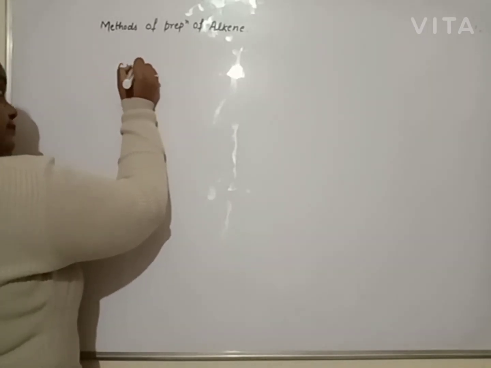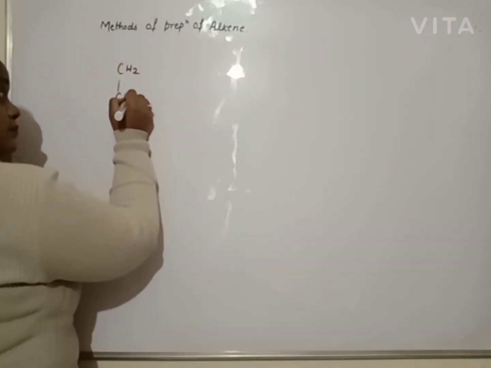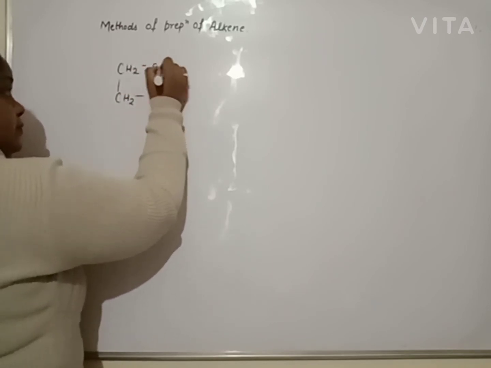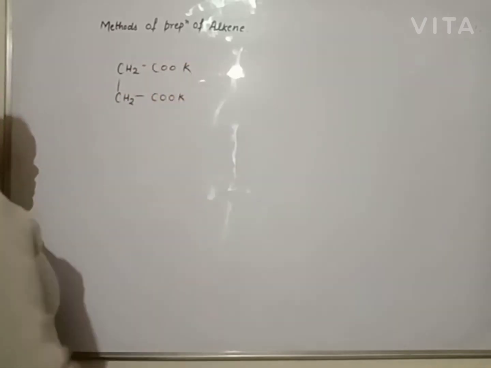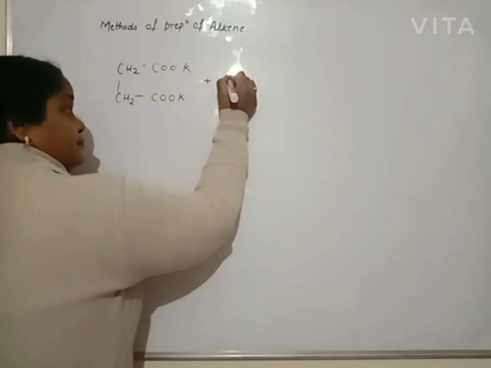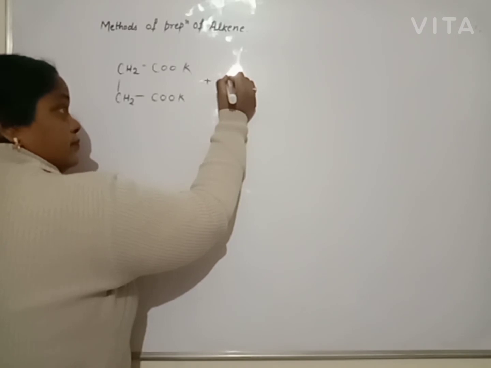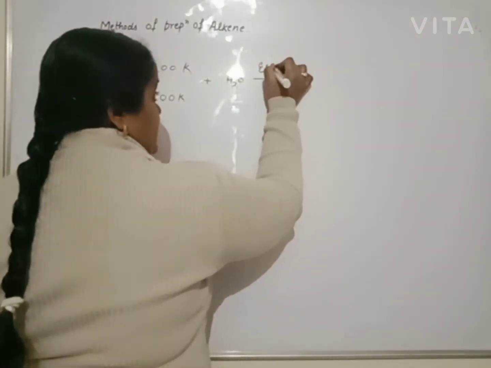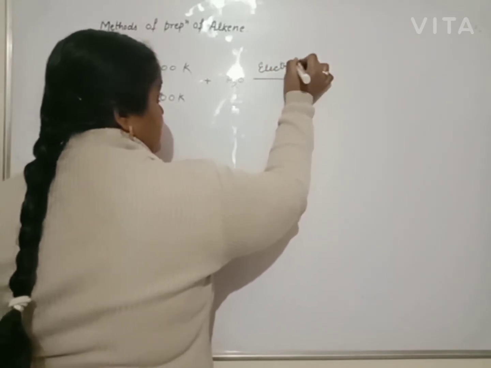We have either potassium salt or sodium salt mixed in water and pass the current. That process is known as electrolysis.